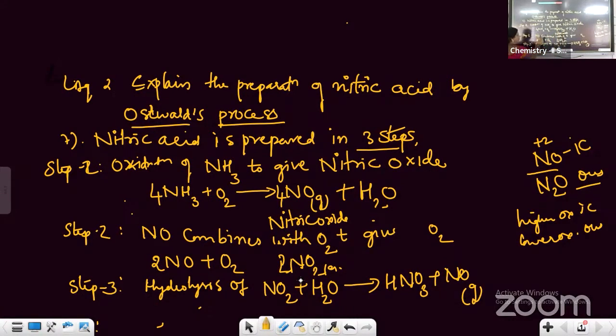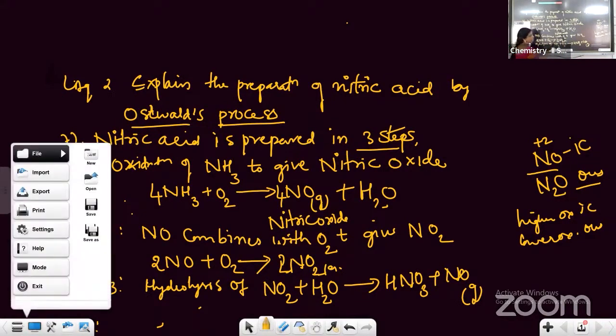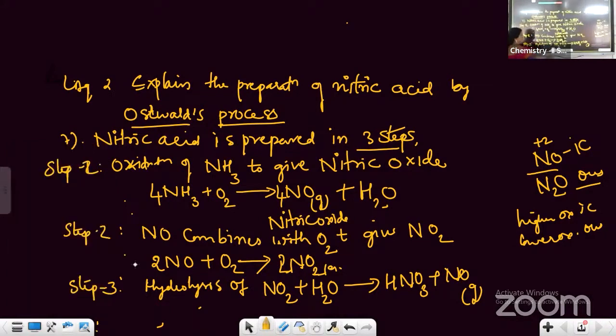Now, nitric oxide combines with O2 to give NO2, nitrogen dioxide. Next, hydrolysis of NO2 gives nitric acid and NO, nitric oxide. Okay, so this is the preparation of nitric acid by Ostwald's process.